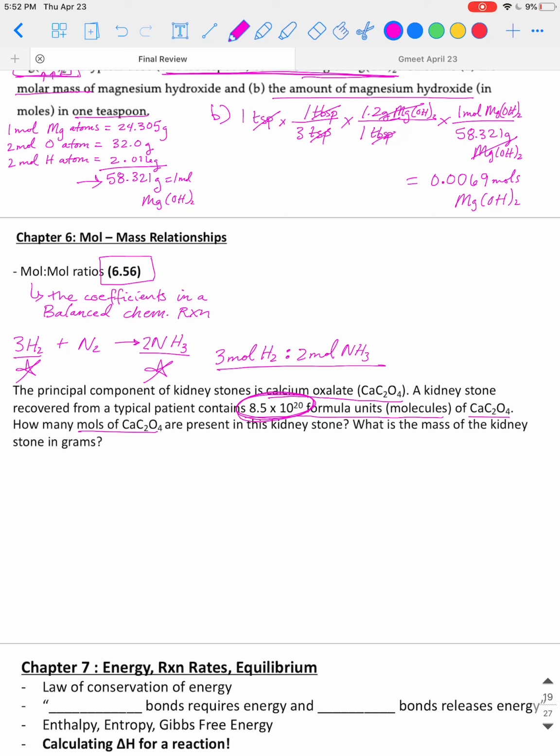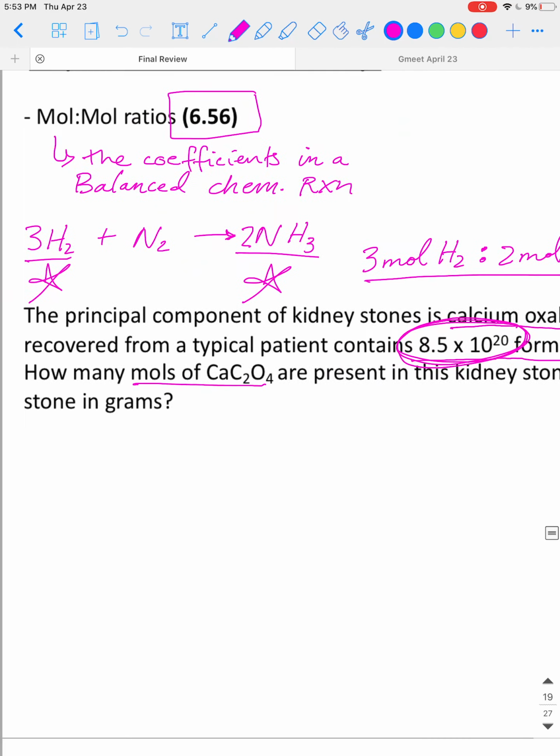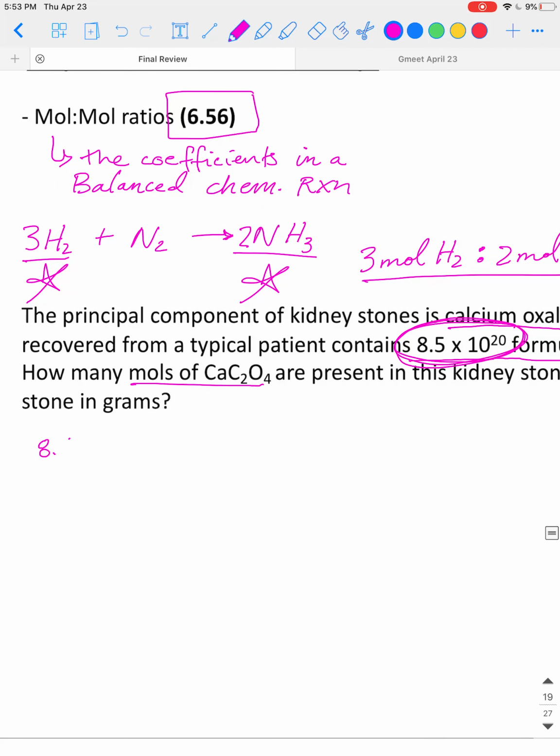So we'll do it really quick. And we'll have to use Avogadro's number, I'm pretty sure. So we're going to start with the number given right here, 8.5 times 10 to the power of 20 molecules. I'm going to zoom in so that I write smaller.